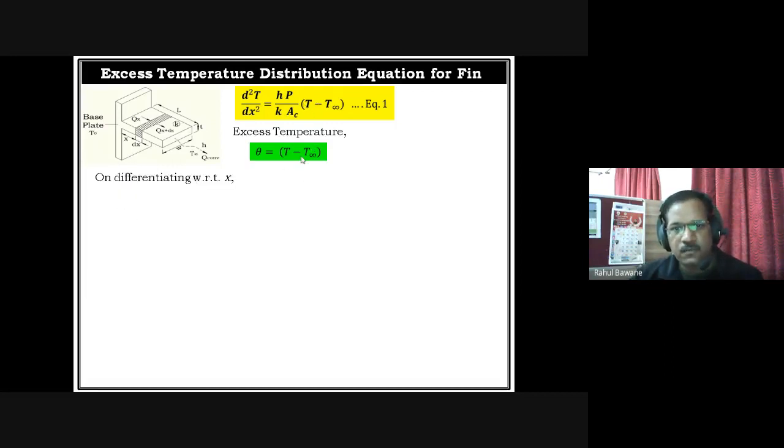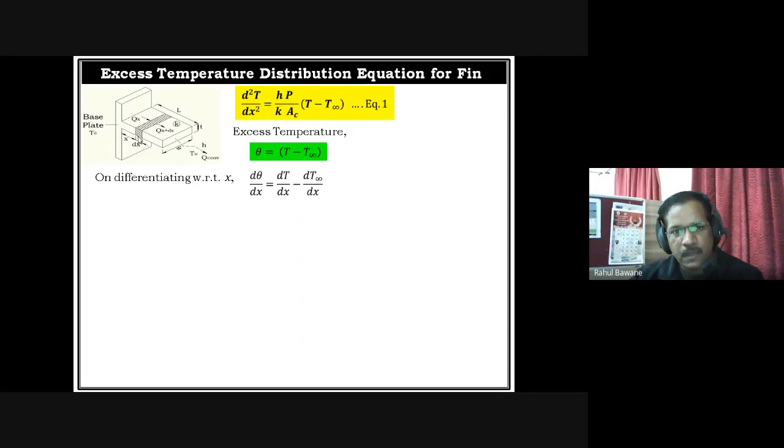Now differentiate this with respect to x. So d theta by dx becomes dT by dx minus dT infinity by dx. Now friends, if I talk about the base plate, there is a huge temperature. If I move in the direction of x, the temperature will be lesser. If I again move in the direction of x, the temperature becomes lesser. So the temperature of the fin actually depends on x.